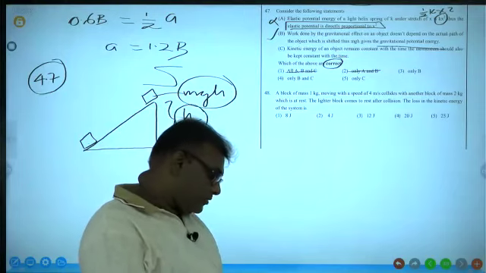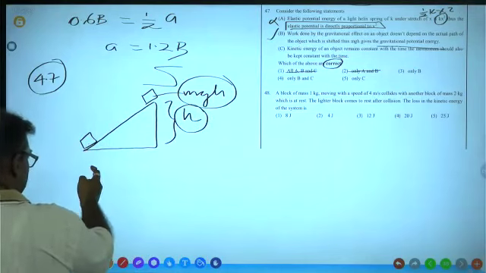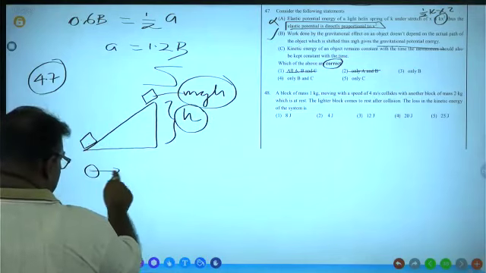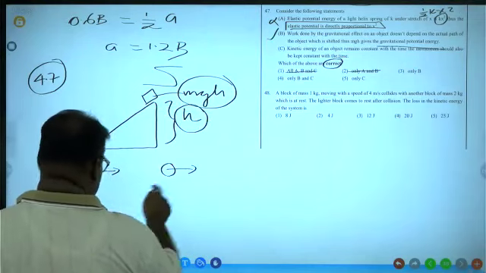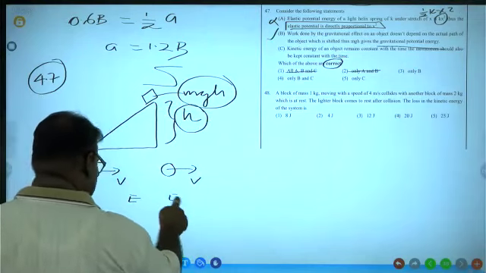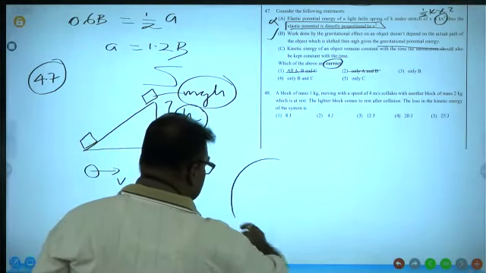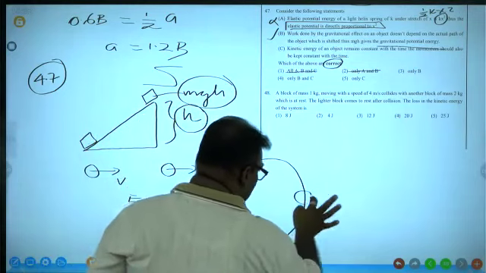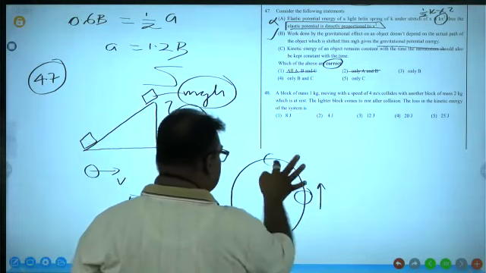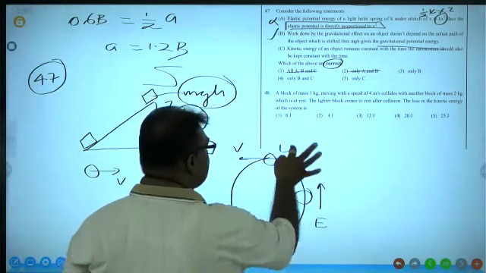Kinetic energy of an object remains constant with time. Kinetic energy remains constant, so here it is velocity that is there. Then kinetic energy is the same. But in a circular motion with a constant speed, the kinetic energy is also the same.